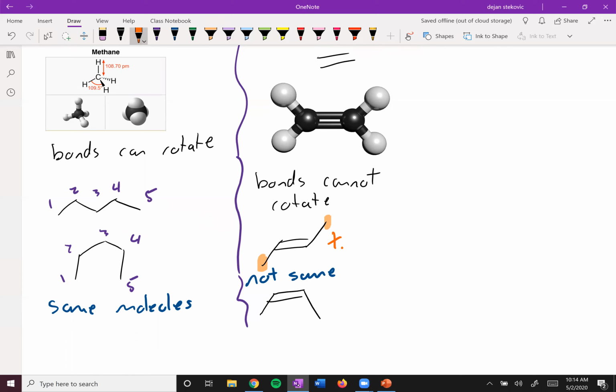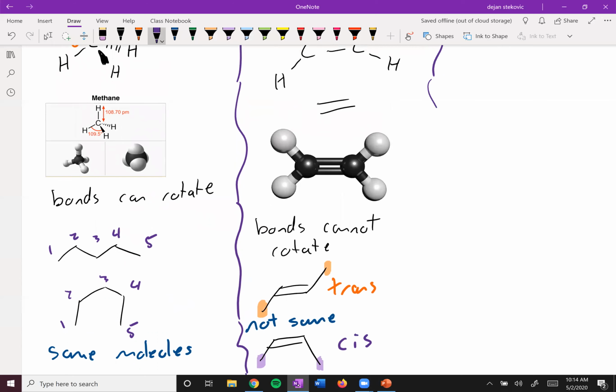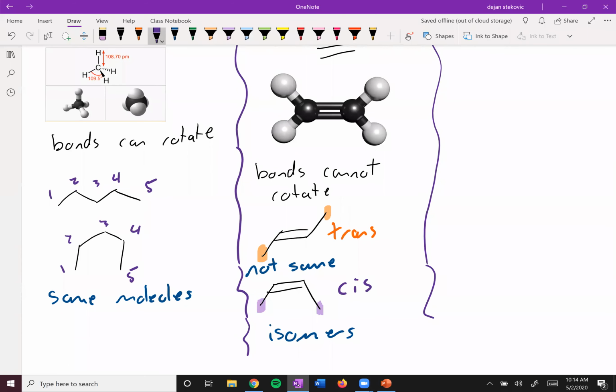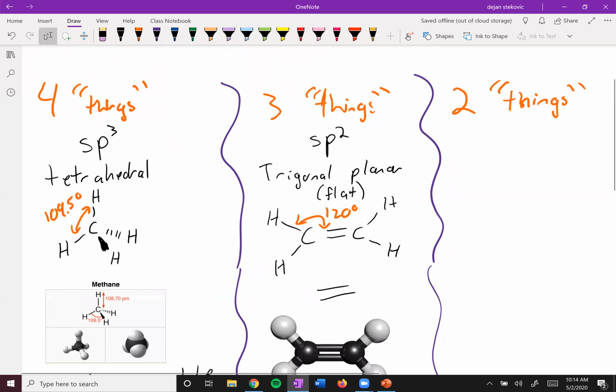This is called trans. And on this bottom one, they're on the same side. This is called cis, right? And so these two are isomers of one another. One is the cis version and one is the trans version. I do expect you to know the difference between cis and trans isomers.